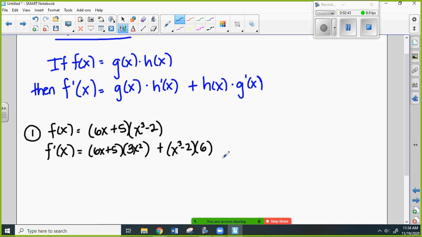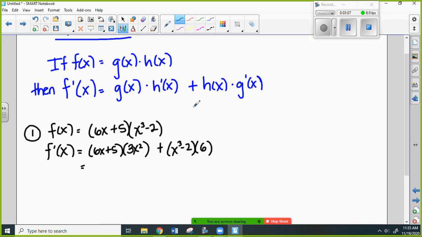And so this is why I keep having the speed quizzes, to get you accustomed to taking derivatives quickly. Now we just need to simplify this thing. Simplifying oftentimes does require some distributing.